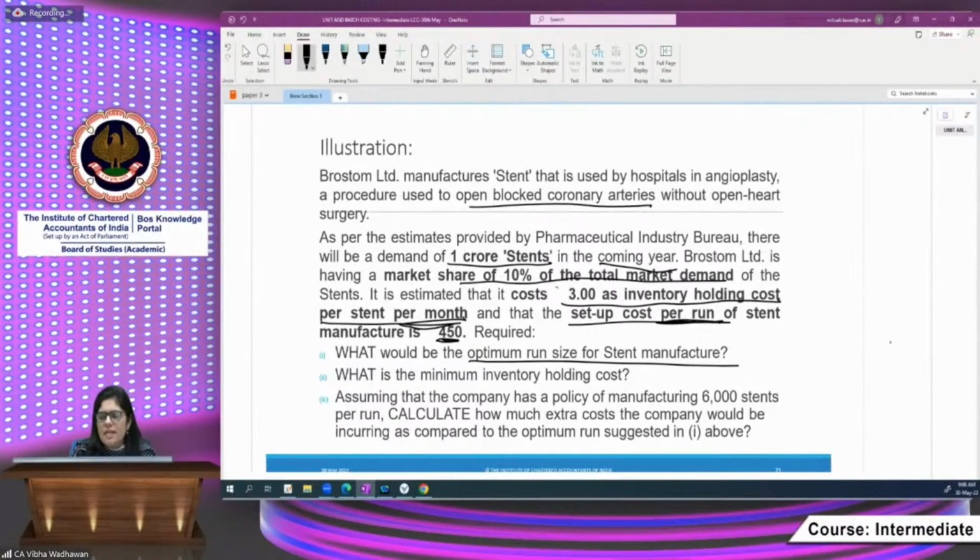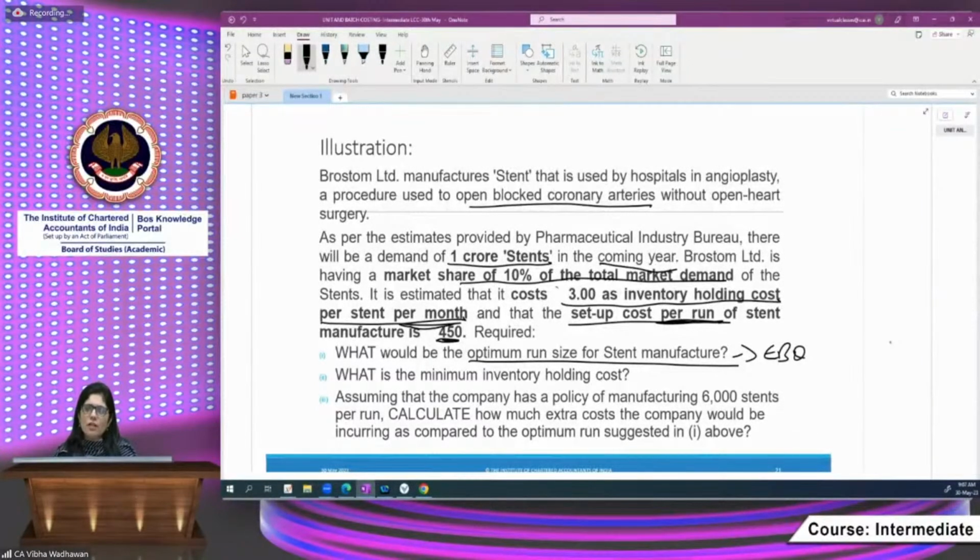Can you calculate optimum run size, which is nothing but EBQ? So they're asking how many stents should be manufactured in one lot, in one batch, the optimum run size.